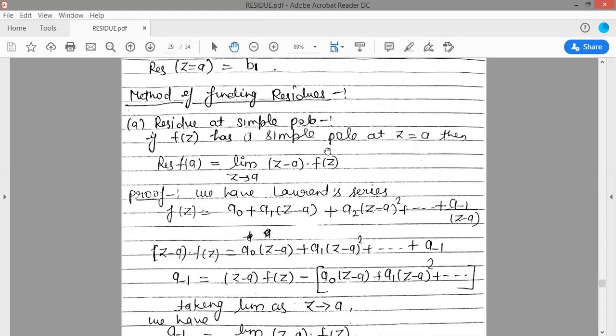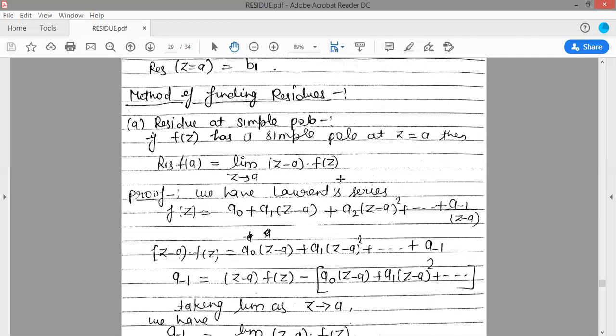So f(z) is your given function, and you will calculate a, the singular point. For the singular point you will need to put the denominator equal to 0. That means that singular point is your pole singularity, and you will find your residue only at a pole. So z is equal to a is your pole singularity. So just take the limit z tends to a of (z minus a) into f(z).